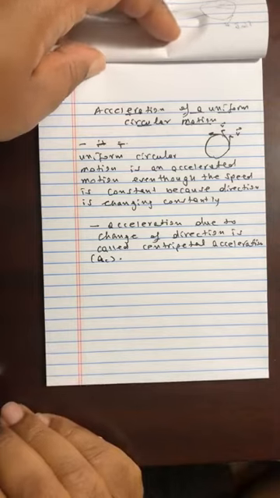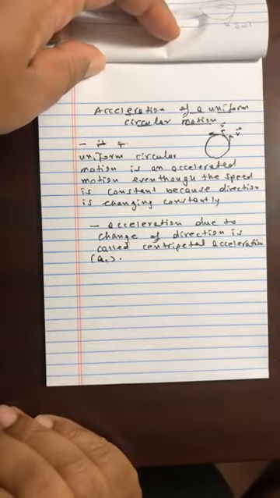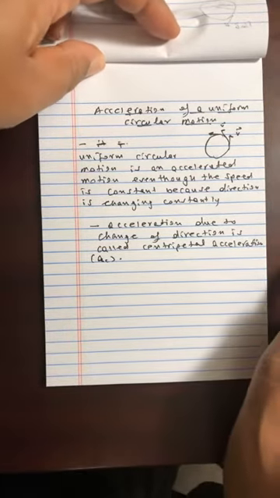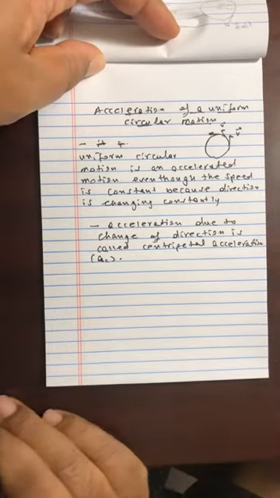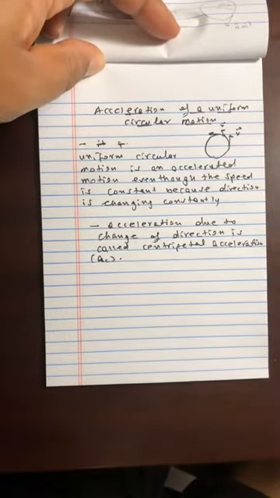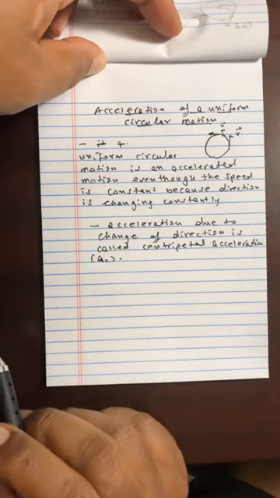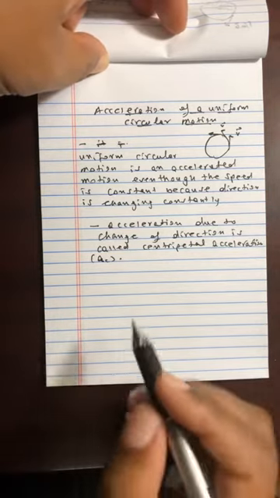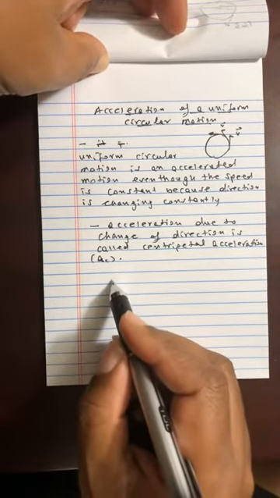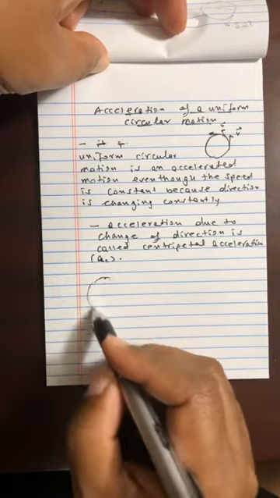All right, so we're going to try to obtain an expression for this kind of acceleration qualitatively. We're going to do it quantitatively in a later chapter, but over here we're going to do it qualitatively using geometry.